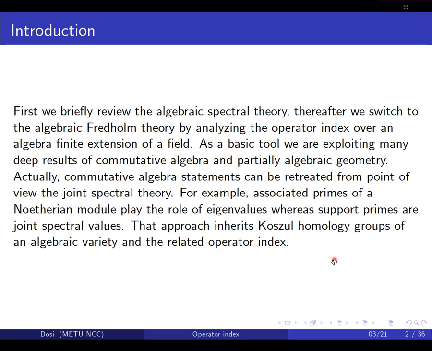Algebraic spectral theory should be treated as a very algebraic version of analysis; apparently it's just Grothendieck schemes. They can be treated as a sort of analysis in a very, very algebraic case.